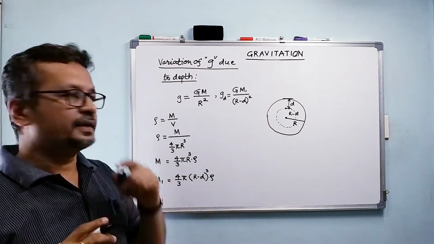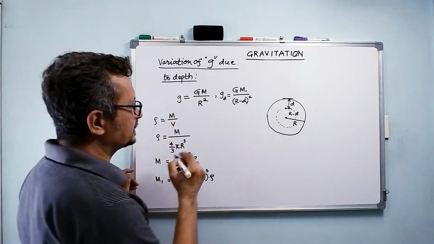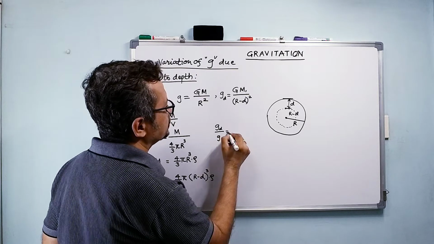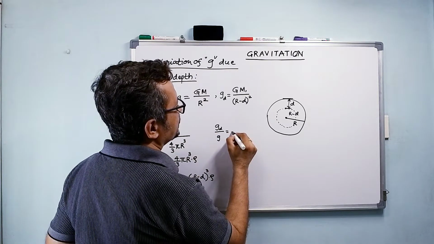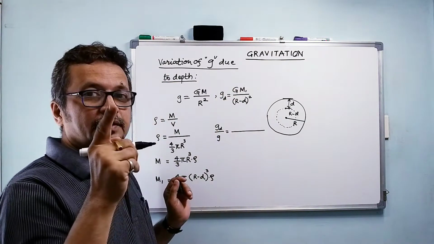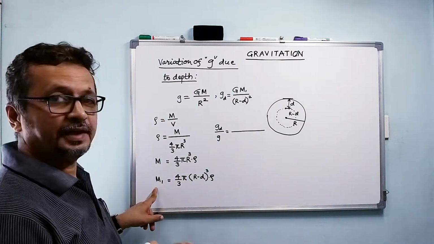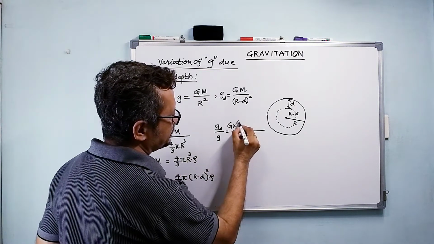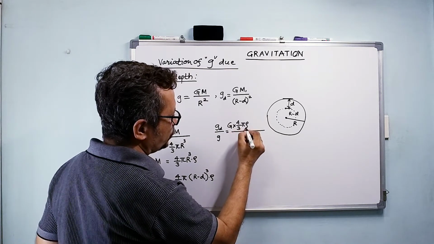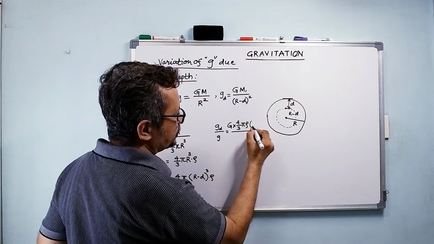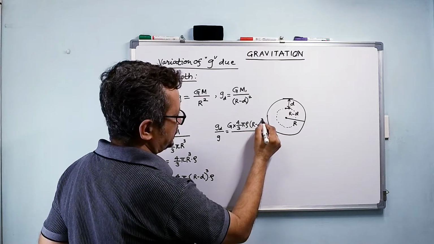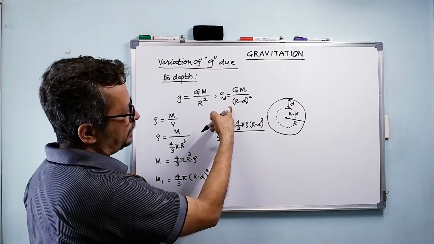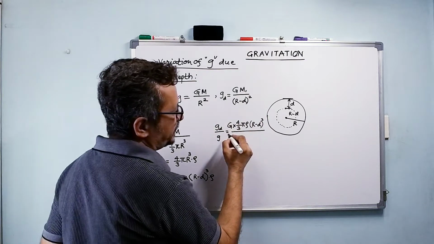Now let us take a ratio of this with this. So gd upon g is going to be equal to, over here I have to substitute this mass m1. So it is g into 4 by 3 pi into rho and r minus d cube, divided by r minus d square.